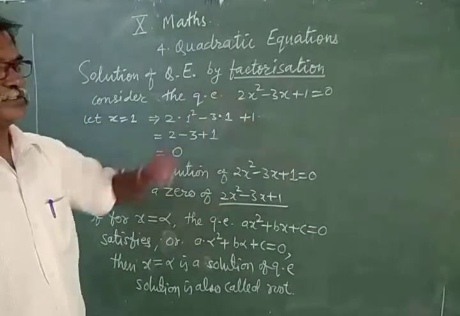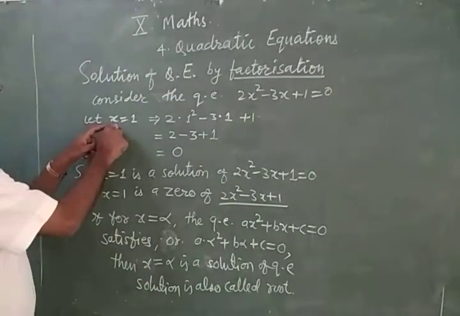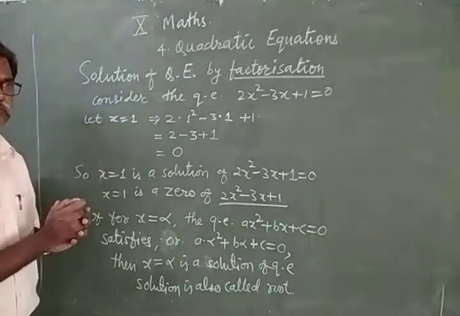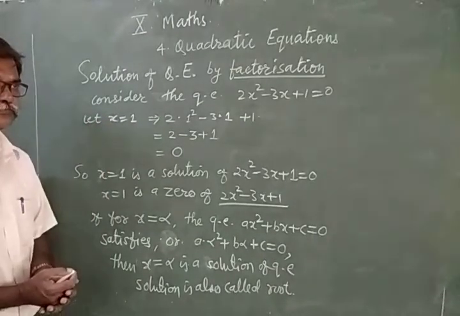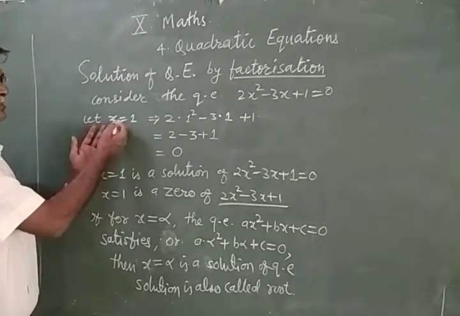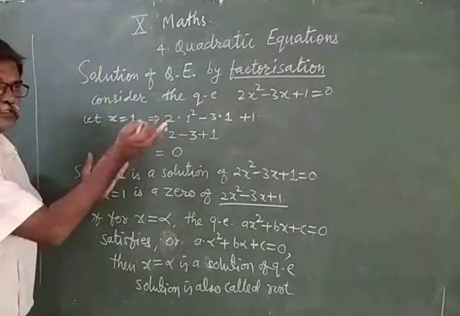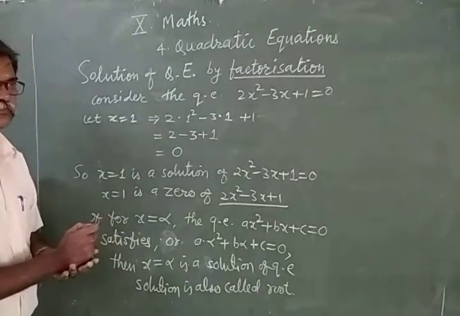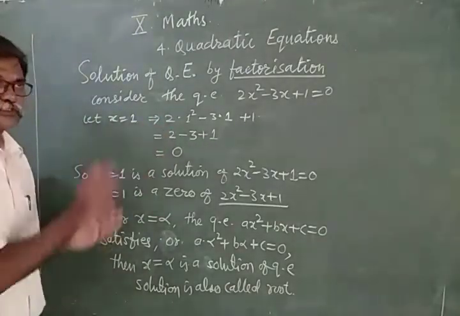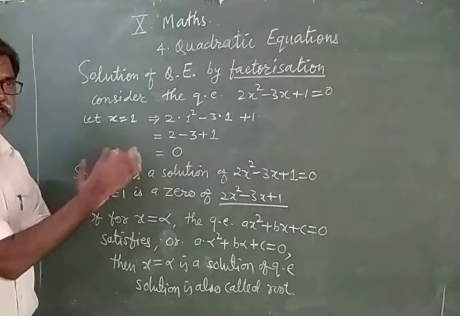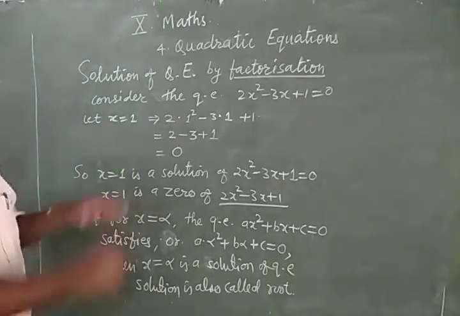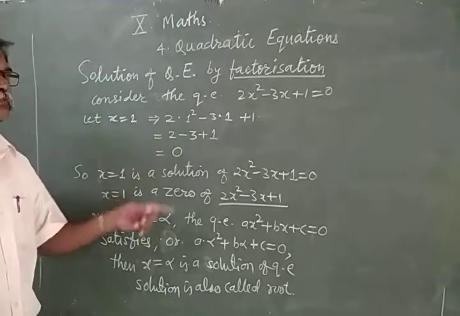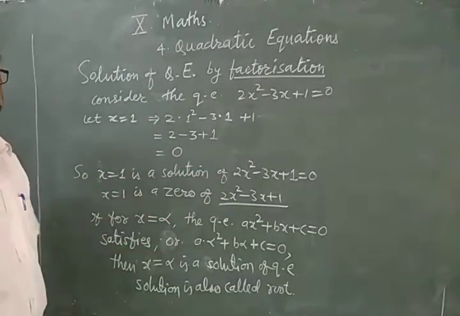Now the question is, this trial and error method is not always possible, whether x is equal to 1 is a zero, is a root or not. It means substitute the value of 1, then 2, 3, 4 and so on, minus 1, minus 2 and so on, and each and every time we check whether it is equal to 0 or not.